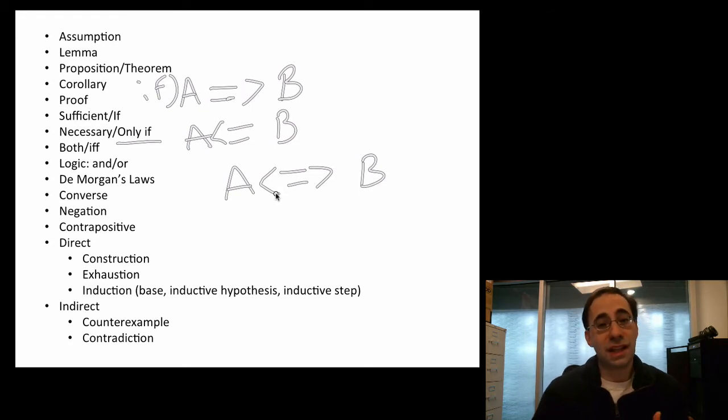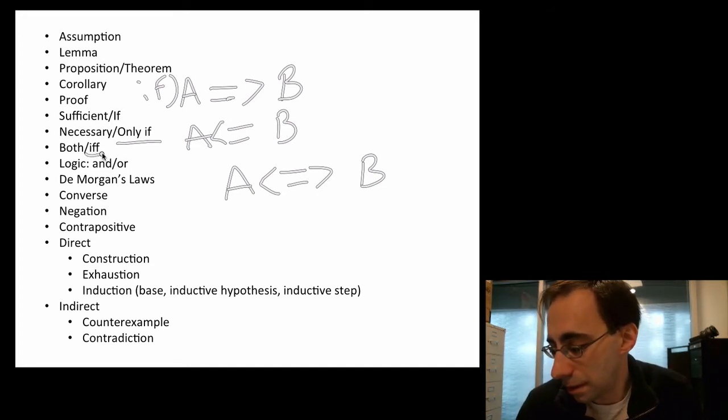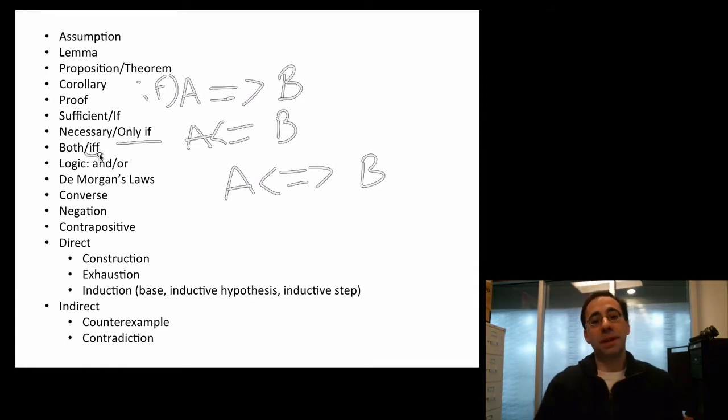That's also read as if and only if, or occasionally IFF for if and only if. That IFF is over here. So A implies B and B implies A. A is necessary and sufficient for B, and vice versa. That's the strongest kind of implication because it means these two statements are basically the same thing.